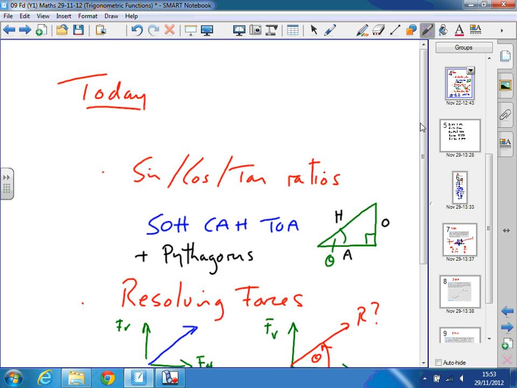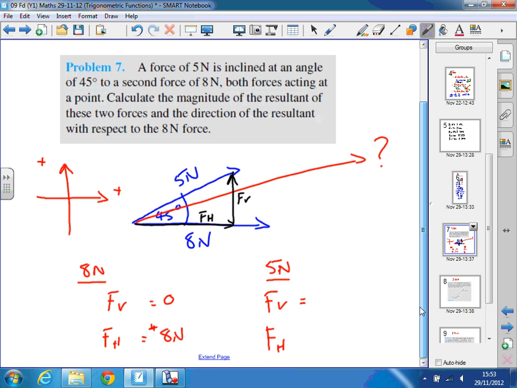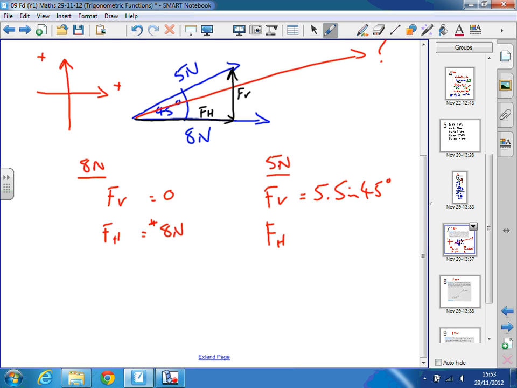The sine rule is opposite over hypotenuse. And so the opposite is the hypotenuse times the sine of the angle. So going back to here, this equals 5 times the sine of 45 degrees. And the horizontal component is the cosine. So that's 5 times the cosine of 45 degrees.